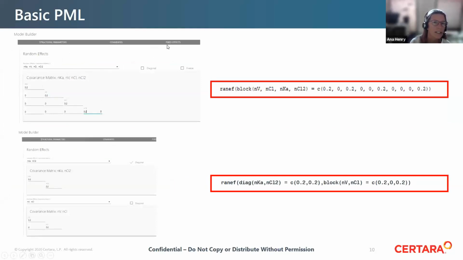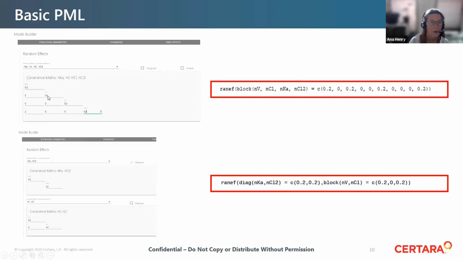So when you go to the random effects tab and you select some of those random effects right here, there is a matrix that opens up. Now, if you put a diagonal, you won't see these zeros. It would just be the diagonal of the matrix, and that would indicate that they're independent.